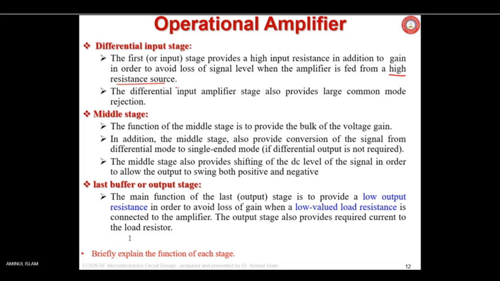I mean to say, the source is your mic or microphone or any transducer or sensor that is sensing the voltage, which may have a high source resistance. And if you don't have a high input resistance in this amplifier, then there will be a loss. We have discussed this earlier, at the beginning, isn't it? Yes, sir. So that's what it's telling, high input resistance.